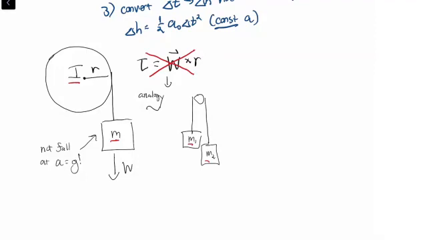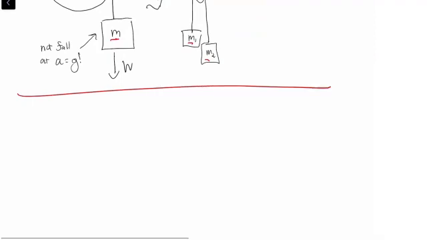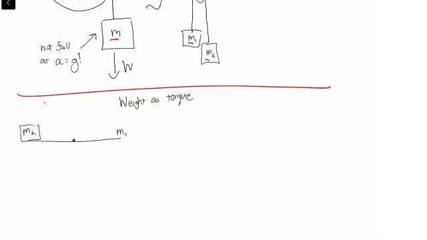Another common one for the weight of the object being a torque, that we're going to think about a lot, is mass balances, right? So in this case, we can definitely calculate the net torque. The only difference is that the moment of inertia of the system is a little bit different.